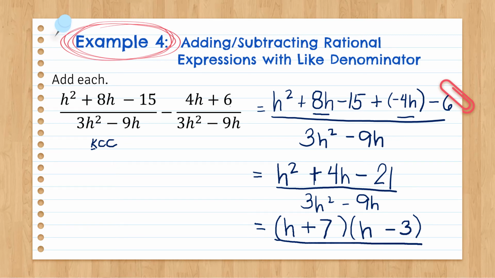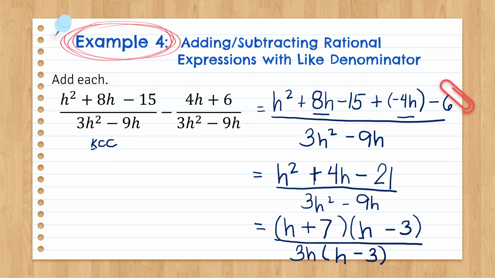Now, for our denominator, we have 3h squared minus 9h. Kung mapapansin nyo, common sa kanila pareho si 3h. So, kung ni-factor out natin si 3h, may matitira pa tayo dito. Yes, may remaining pa tayong h. And for the other factor, meron pa tayong 3.